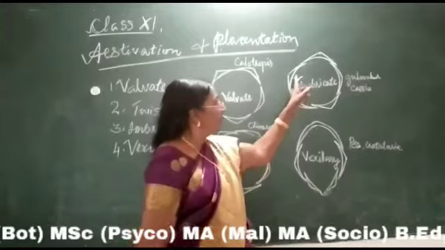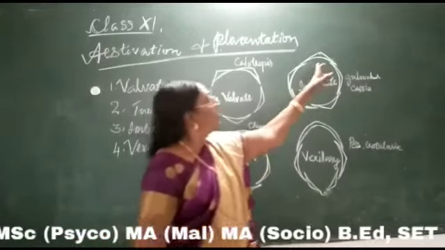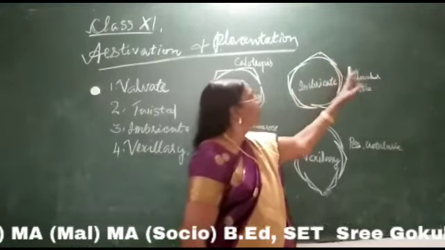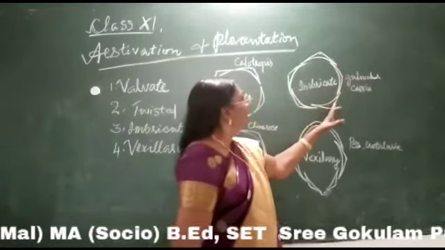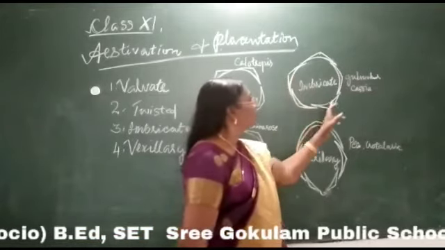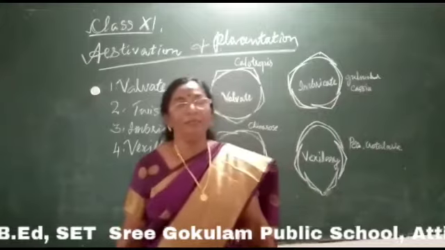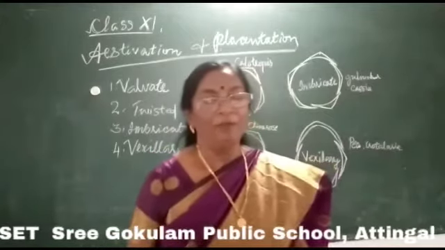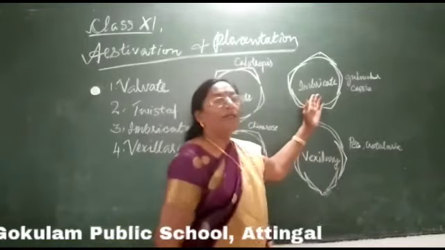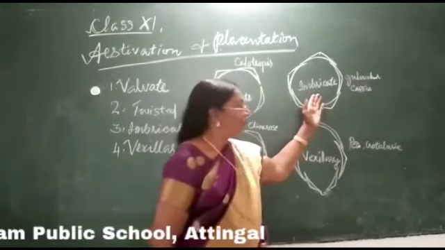Here one petal or sepal is completely out, this one is completely in, remaining partially in and partially out. This type of arrangement as seen in acacia, gulmohar, etc. is known by the name imbricate aestivation.